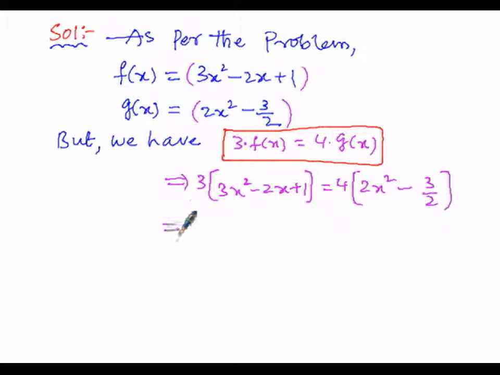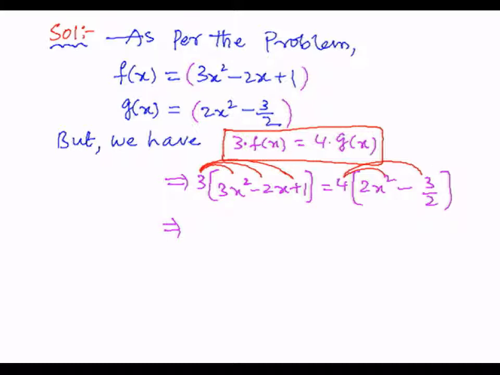So let us multiply each and every term of the first bracket on the left hand side by 3: 3 into 3x square, 3 into 2x and 3 into 1. Similarly, the two terms on the right hand side must be multiplied with 4: 4 into 2x square and 4 into 3 by 2.